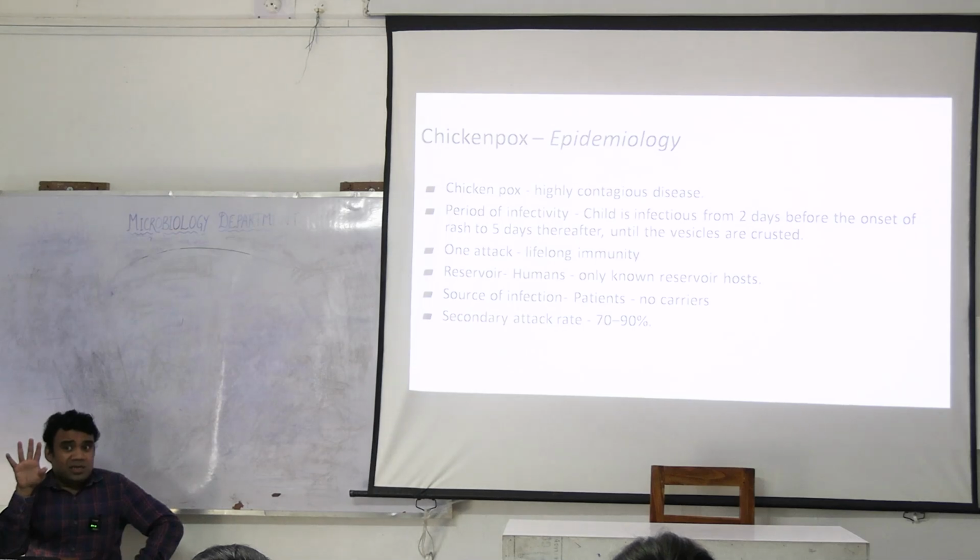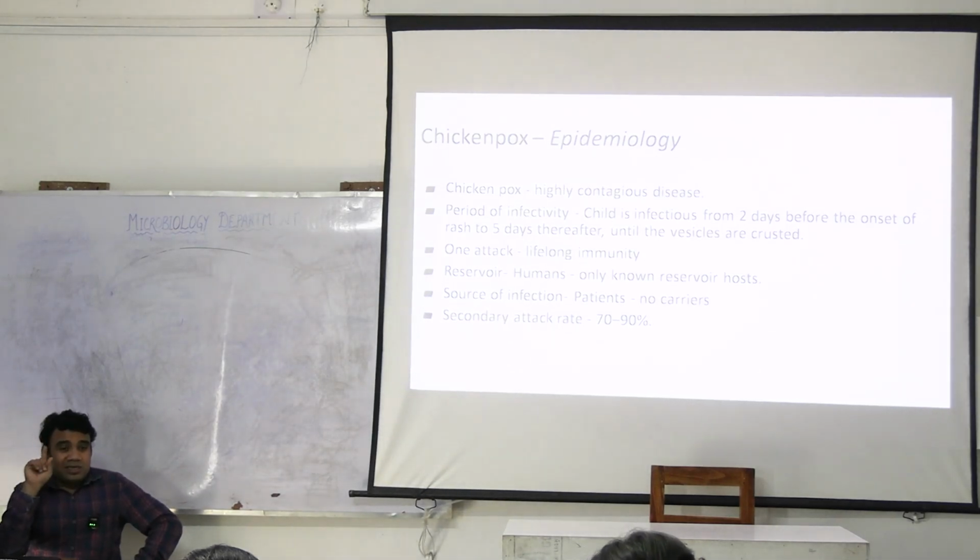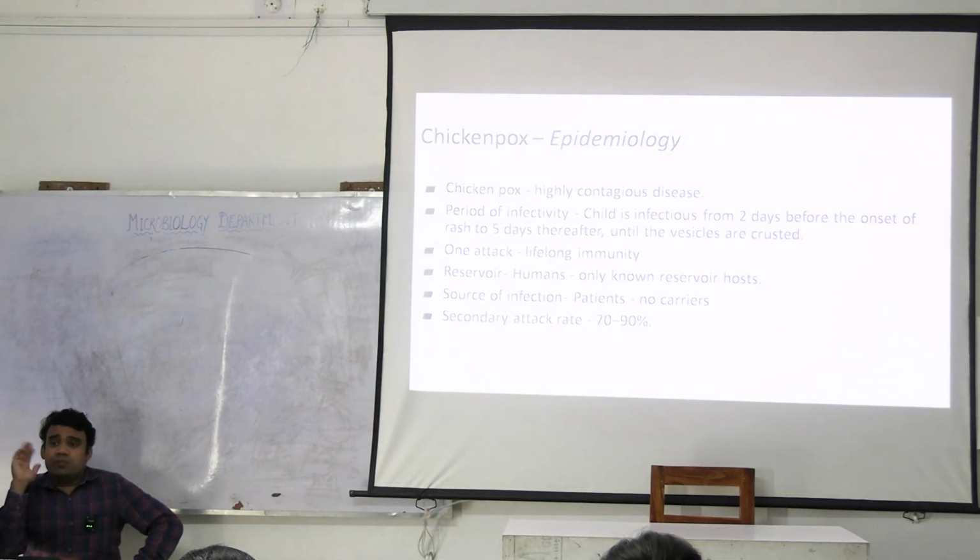Can you understand the implication? If the person you think has chickenpox is not socially isolated, he or she can spread the disease to so many cases. This is called secondary attack. Hence isolation is very, very important, whether it's a child or an adult. Whoever the patient may be has to be isolated.